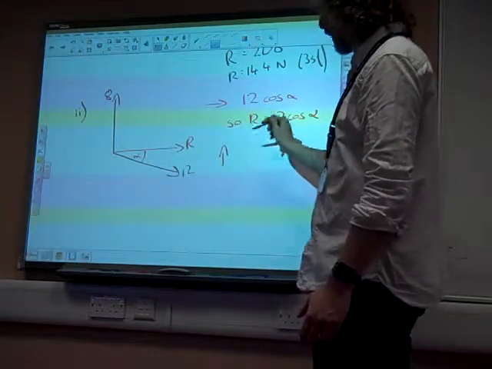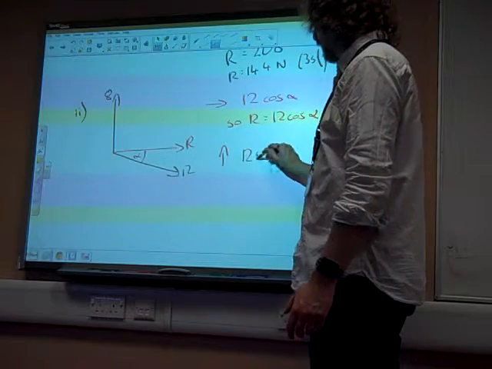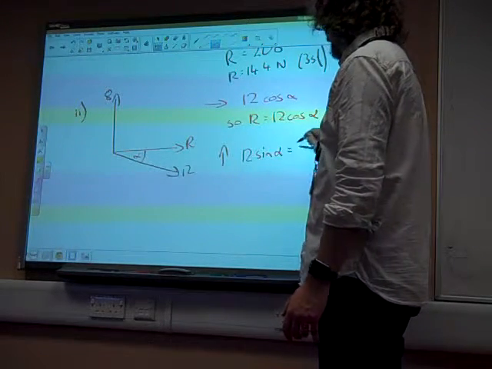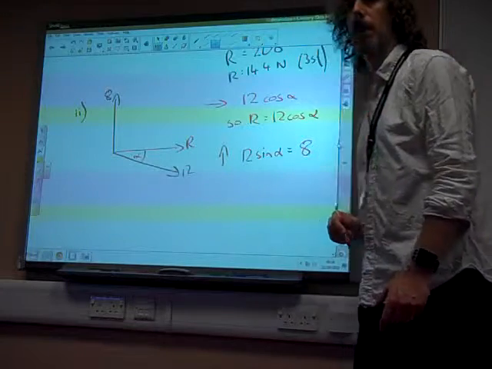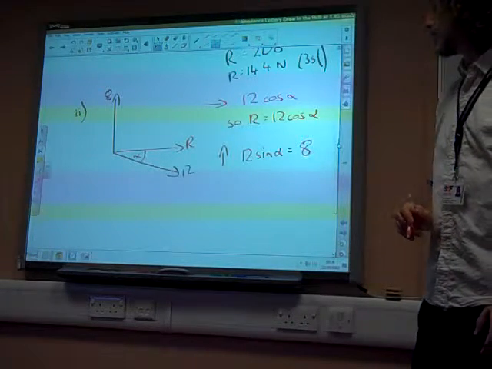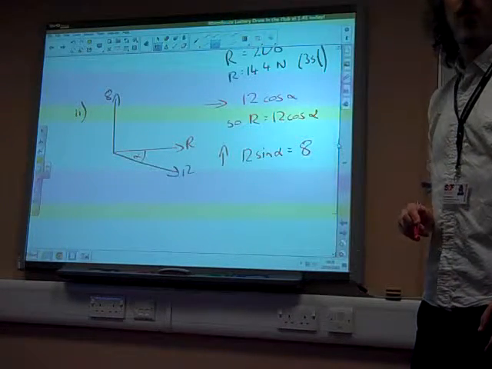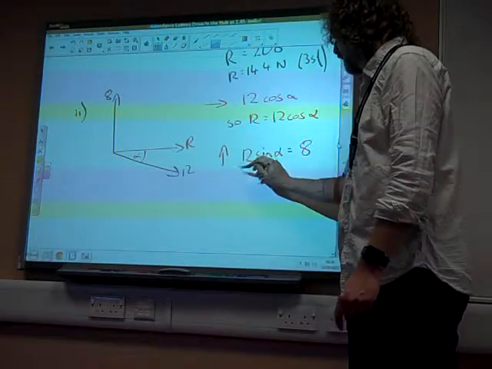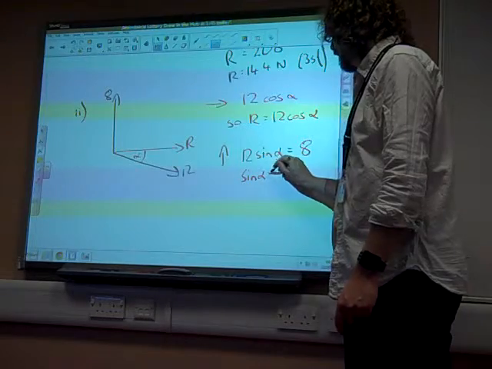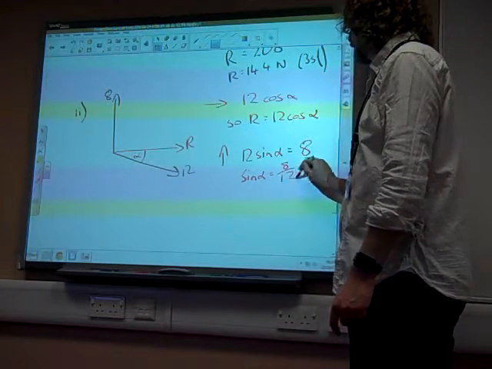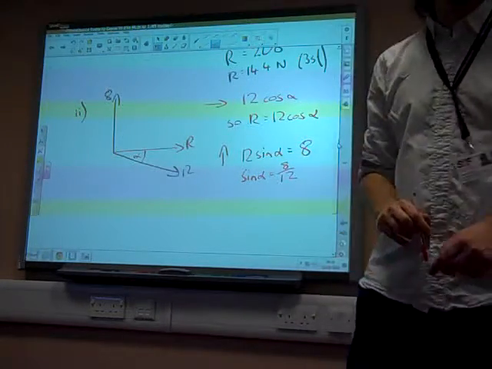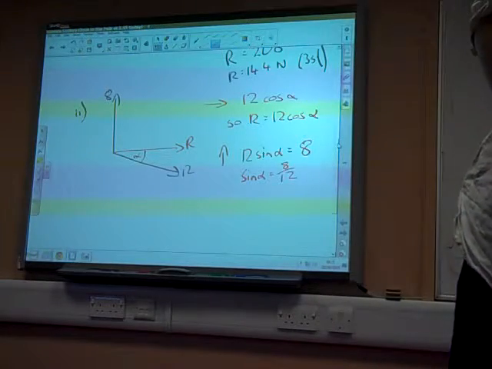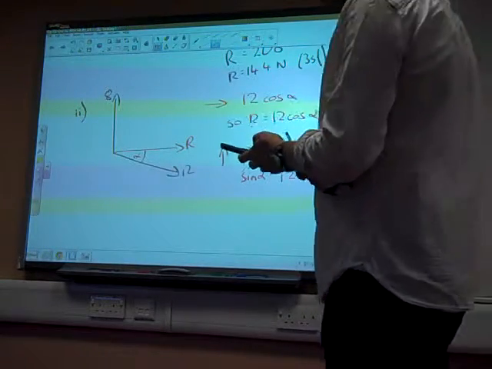So we can deduce from that that 12 sine alpha is equal to 8. And actually this is the crucial equation, isn't it? Because this gives us our key into finding alpha. That means that sine alpha is equal to 8 over 12 this time. And we're left doing inverse sine of 8 over 12.